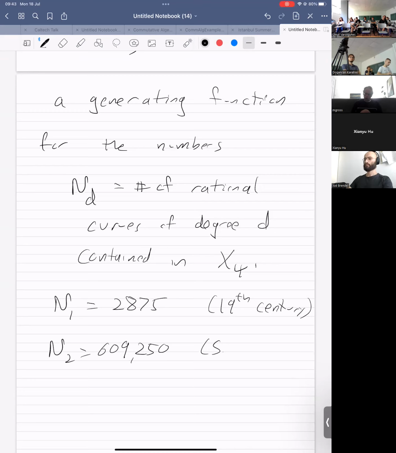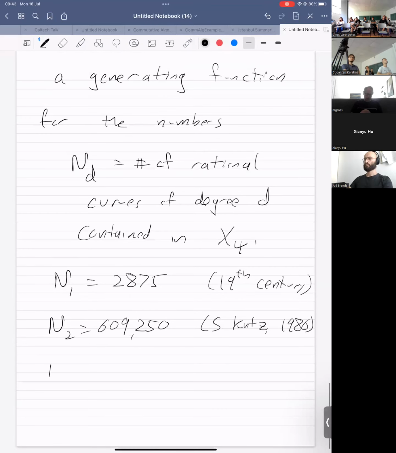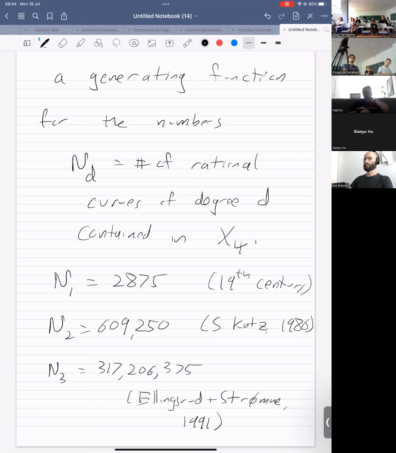This was due to Katz in 1986, and N3 was 317,206,375, due to Ellingsrud and Strømme. Again, essentially simultaneously with this work of Candelas, de la Ossa, Green, and Parkes.